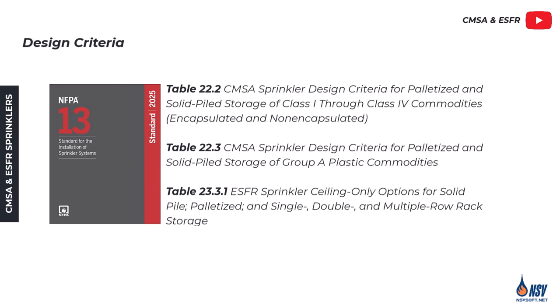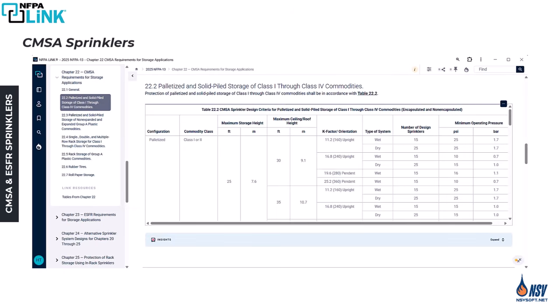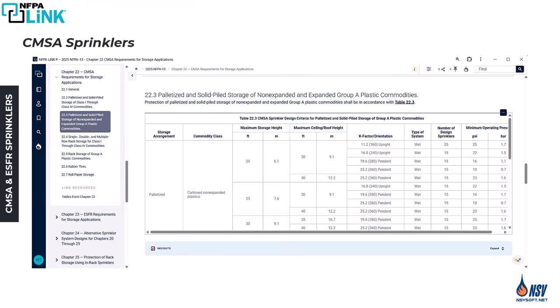Protecting palletized and solid-piled storage with CMSA and ESFR sprinklers is quite simple and straightforward. We primarily rely on design tables, and in our previous video, we reviewed exactly how to apply them. For CMSA sprinklers, Table 22.2 outlines the design criteria for Class 1 through 4 commodities, while Table 22.3 covers the criteria for Group A plastics.